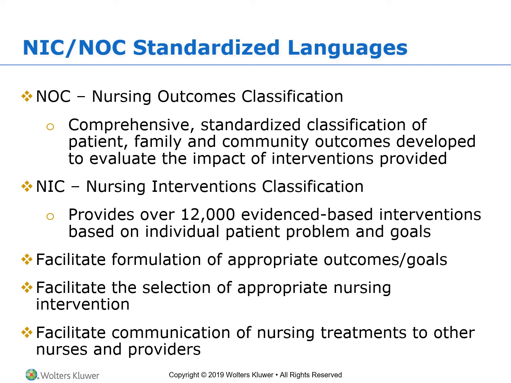It greatly facilitates the work of identifying appropriate nursing interventions. And then there's a website in your book that you can go to that will help you find that. There's a link on page 395 for that.